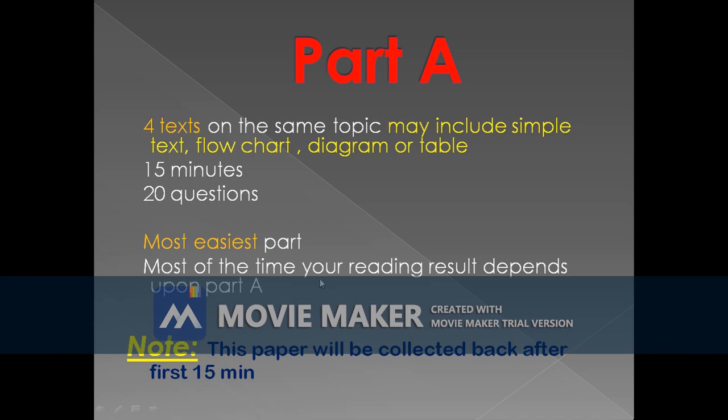And keep in mind that most of the time your reading result depends upon reading part A. If you score a very good score, almost 19 or 20 in reading part A, then there are a lot of chances that you pass your reading exam. If someone unfortunately is unable to score very good marks in part A, then there are very few chances that he can pass the reading exam. So guys, this is an important point here as well.